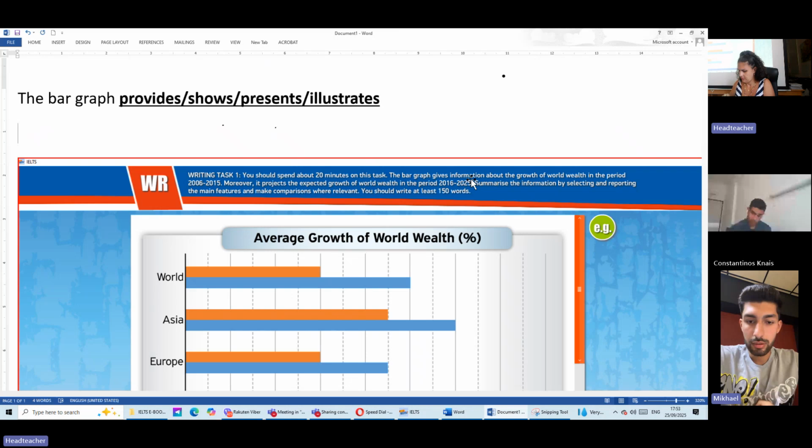Then it gives the data. The word information is the same as data. You can always replace the word data with the word information. Okay, so illustrates data about what?